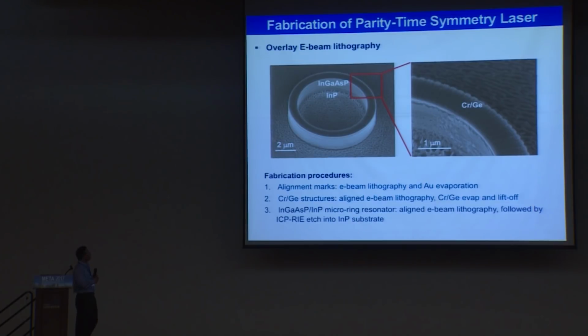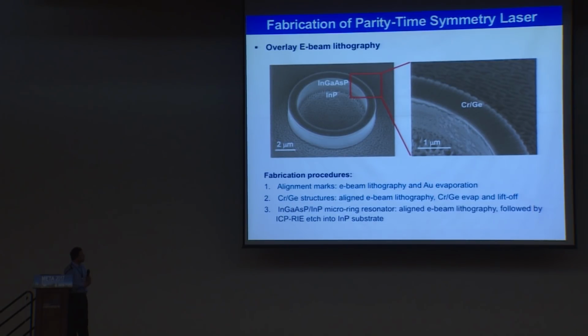In terms of fabrication, in this structure we use indium phosphide as a substrate, and we use a multi-layer quantum well of indium gallium arsenide phosphide on top as the gain media. On top of that, for this black ring, we use E-beam to deposit this modulation of chromium and germanium, stacked as a bi-layer.